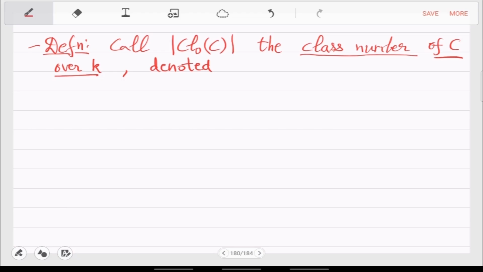It's denoted by HC. This number is of course originally motivated from algebraic number theory by the works of Dirichlet. So every transcendence degree 1 function field has a class number HC.